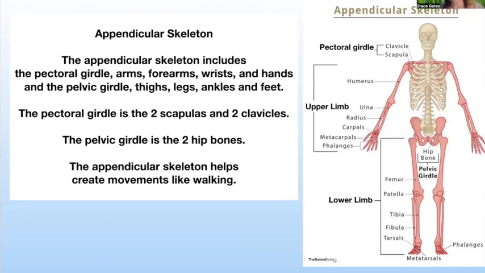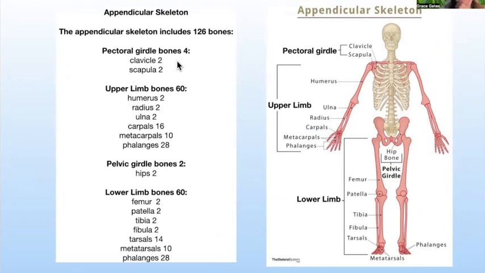It includes just the two scapula and the two clavicles. The pelvic girdle is the two hip bones, so nothing so unusual there. The appendicular skeleton helps create movements like walking or doing all the things that we do with our arms and our hands.